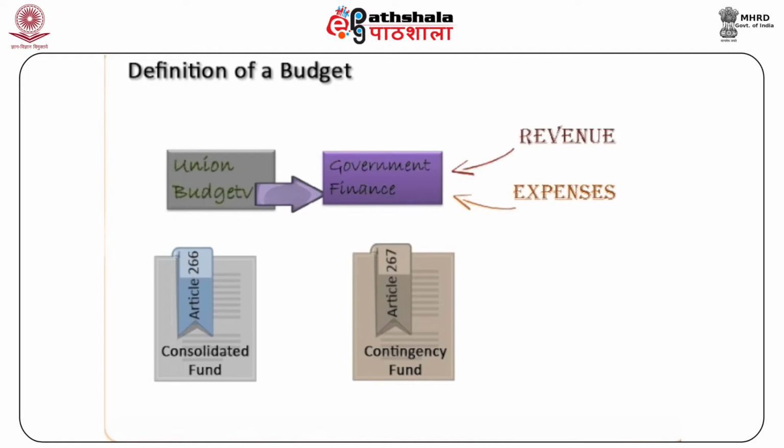The amount spent from the contingency fund is recouped to the fund. Third, public account under Article 266. All money in this fund belongs to others such as the Public Provident Fund. The government merely works as a banker in respect to this fund.